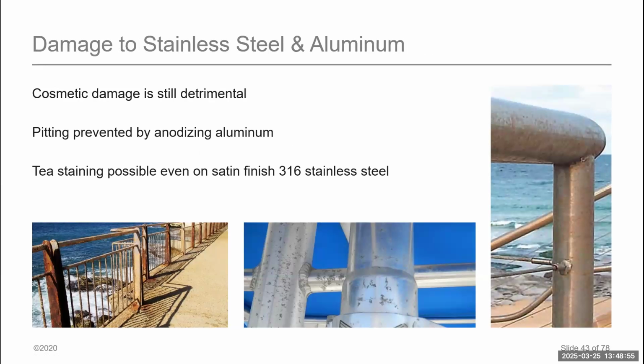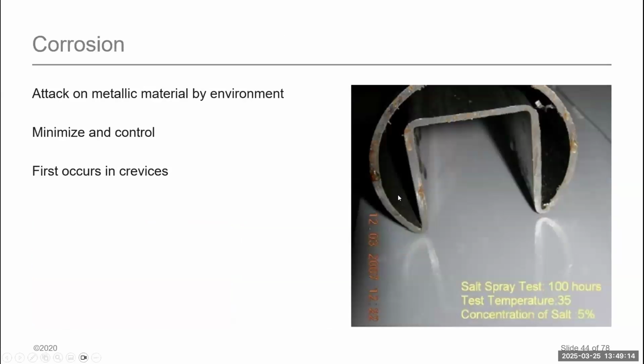It's even more important in a guardrail because you want to give people a sense of security when they go into that space. Sometimes when it looks degraded like this, they just may not feel safe, even though it may be performing to the level it should from a structural performance standpoint. We have corrosion. Corrosion will happen. The key is we need to minimize and control that corrosion.